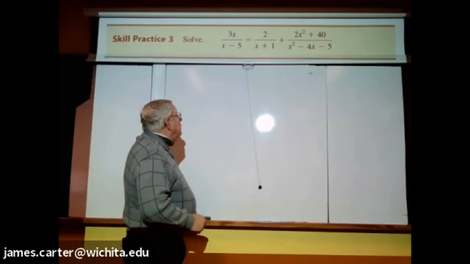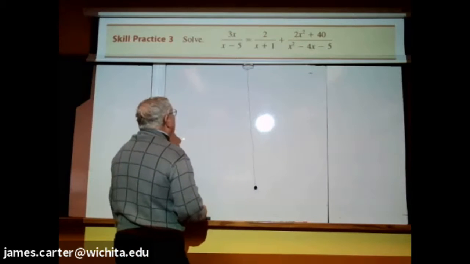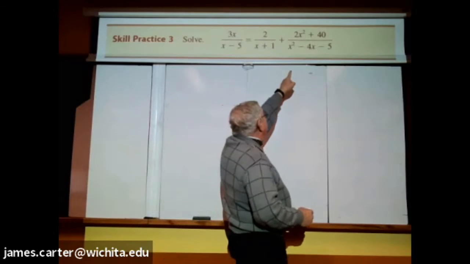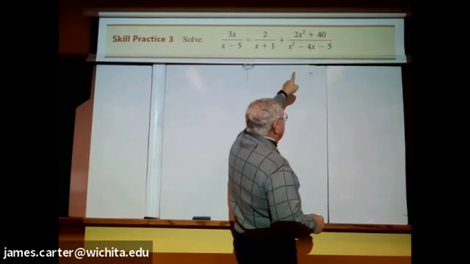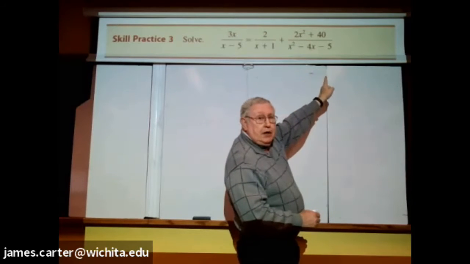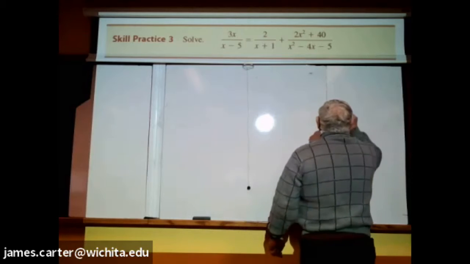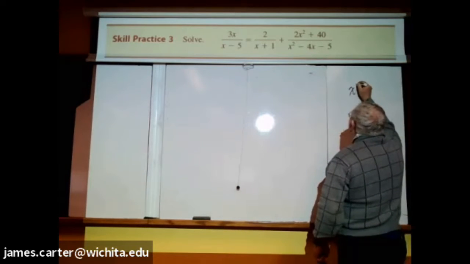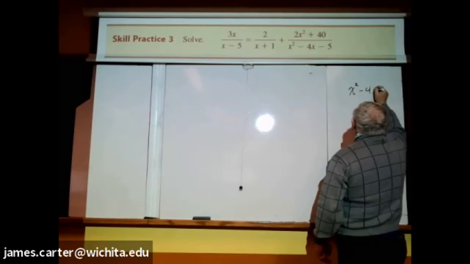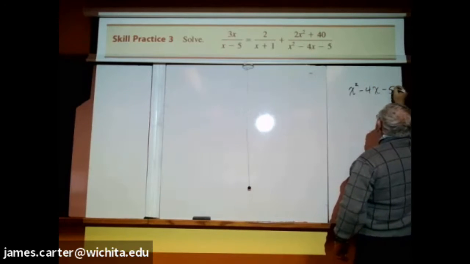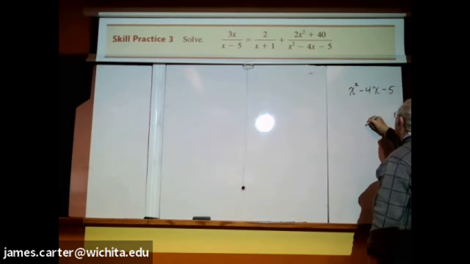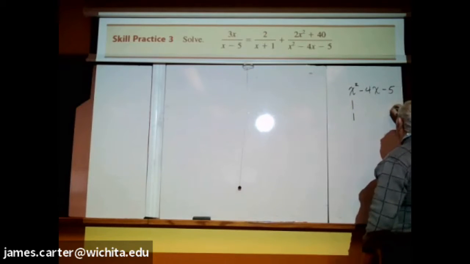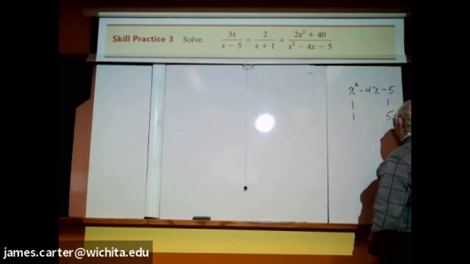As I look at this problem up here, the first thing I have to do is factor that if it can be factored, so I can find the least common denominator. Well, x squared minus 4x minus 5, that breaks down. Let's see, I've got a 1 and a 1 and a 1 and a 5.